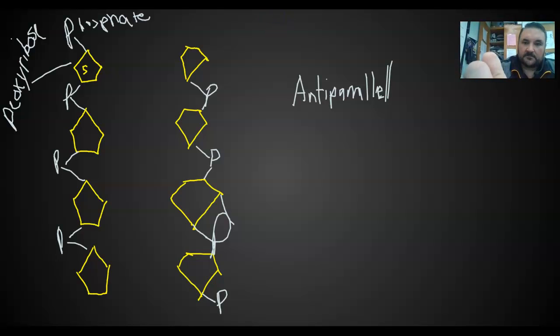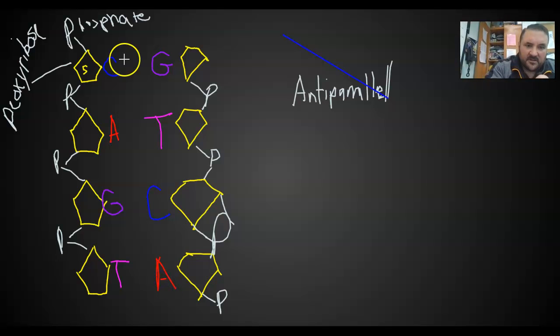And in the center, there are bases. C that pairs up with G, and A that pairs with T. And these are held by these special little hydrogen bonds you can't really see.